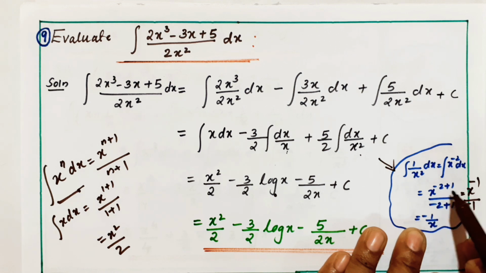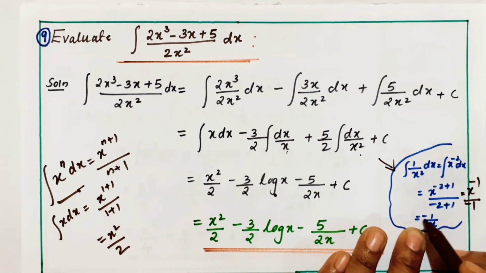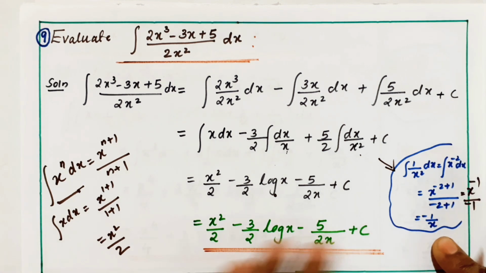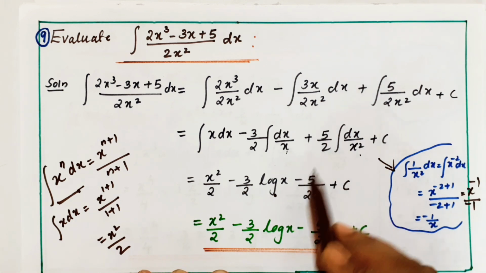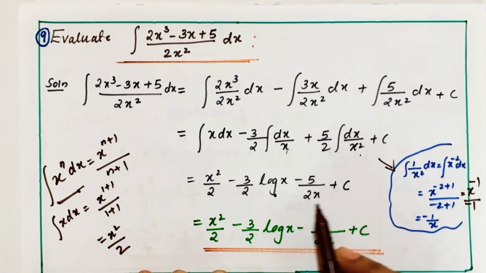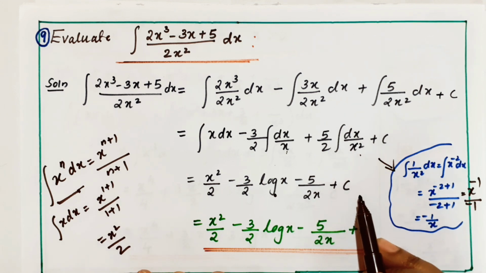So x power minus 2 plus 1 by minus 2 plus 1. What is minus 2 plus 1? Minus 1. So x power minus 1 by minus 1. Then this minus is taken out and x power minus 1 I can write as 1 by x. So you got the term with this minus, which I have written here: minus 5 by 2, denominator x, plus c.